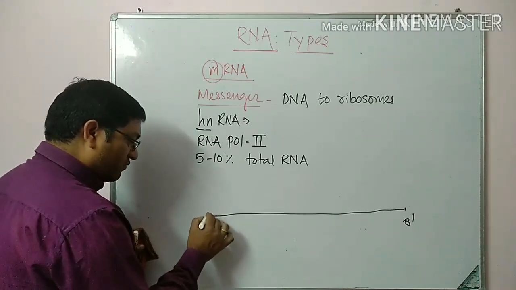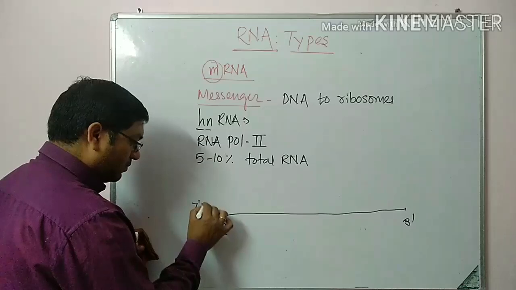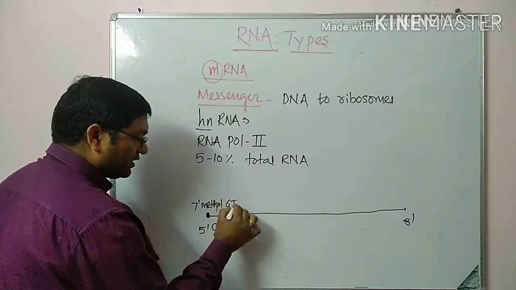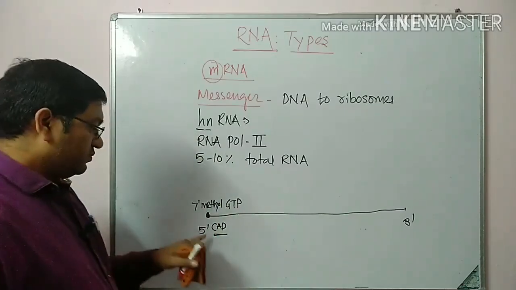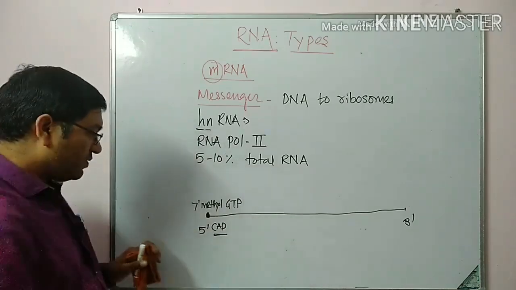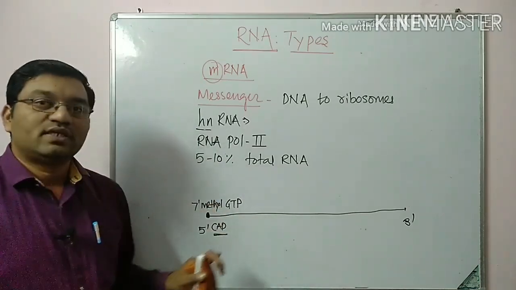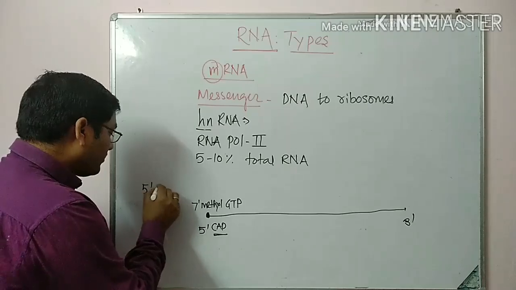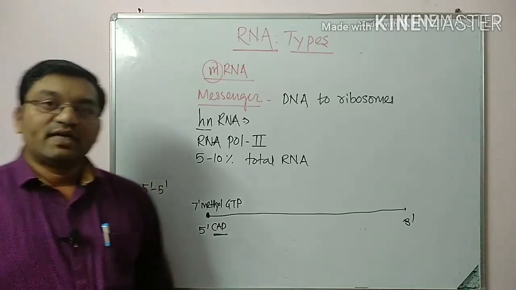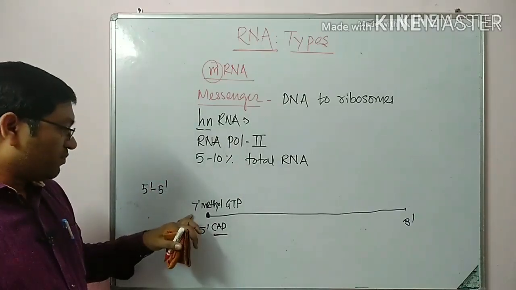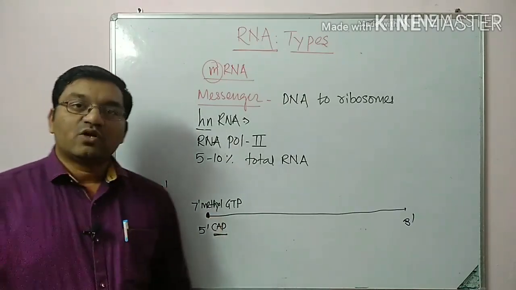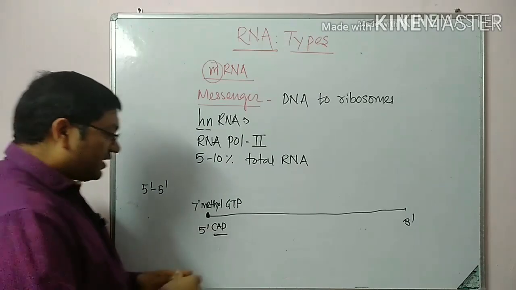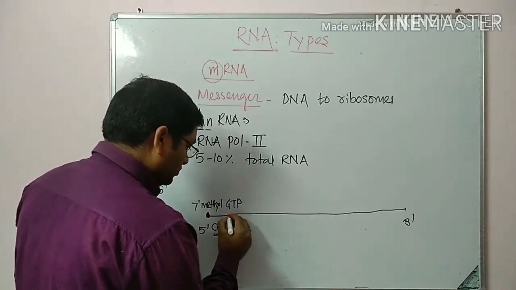This cap is of 7-methyl guanosine triphosphate, which is connected by 5 prime triphosphate linkage. So there is a 7-methyl guanosine triphosphate cap at the 5 prime end, followed by an untranslated region.